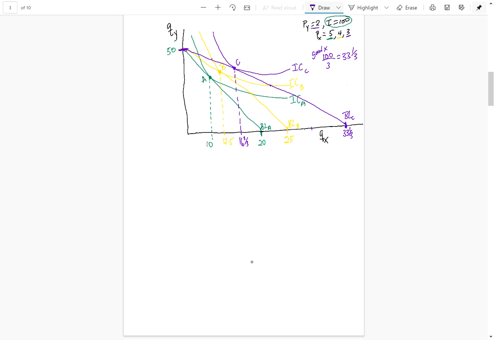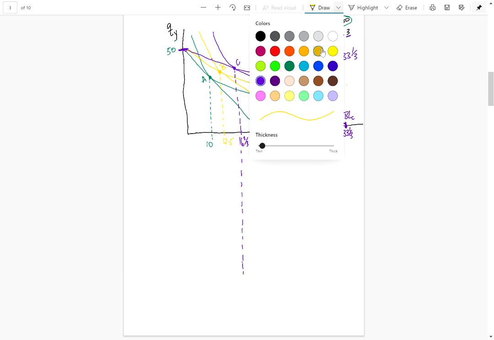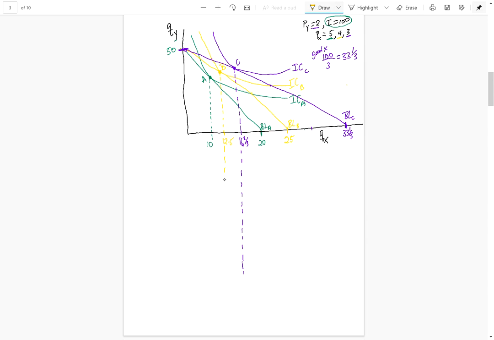Okay. So we're going to trace this down. And so we can draw our demand curve that we are graphically deriving.